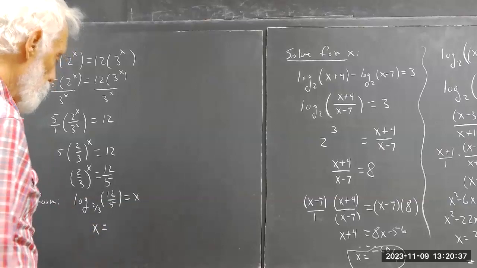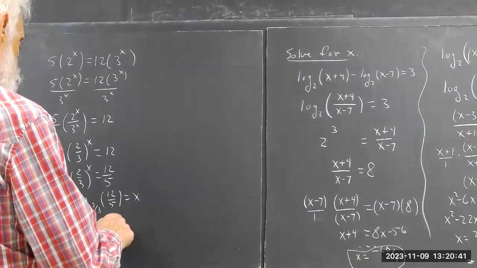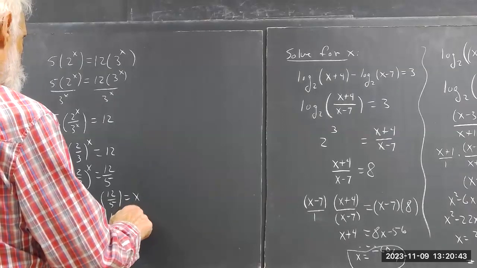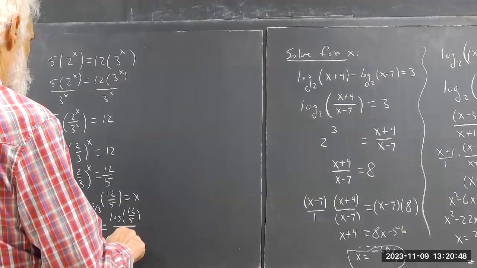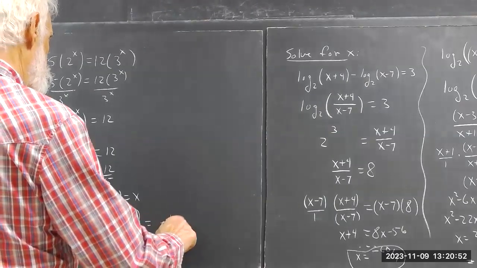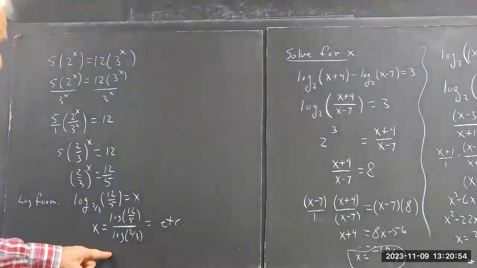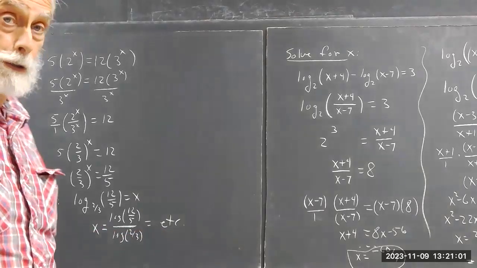Now you're going to go to a calculator, and 12/5 is easy to convert. Going to get this. This is your exact solution, which I want to see. And then you take your calculator and approximate.